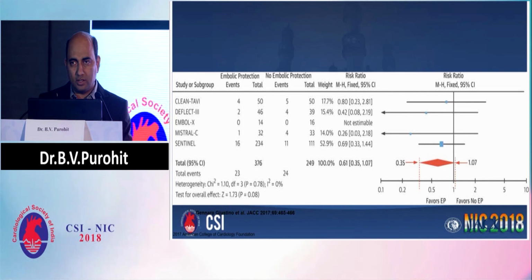If we combine all the available data, and there was a good analysis which came in JACC 2017, which showed that when patients were compared with filter and without filter, there was definite improvement in the filter group. But it is not that you use a filter and everything is rosy. There are some limitations, some drawbacks, and some concerns also.